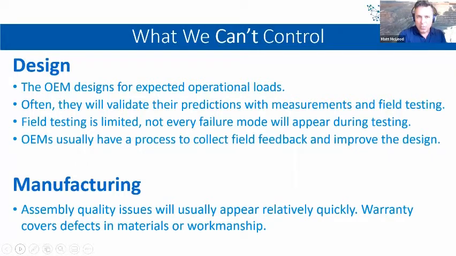We also can't control what happens in manufacturing and anything that happens during assembly of machines in the factory, but generally those issues appear relatively quickly and not at 20 or 30,000 hours. So warranty is the process that covers those defects in materials or workmanship in manufacturing.